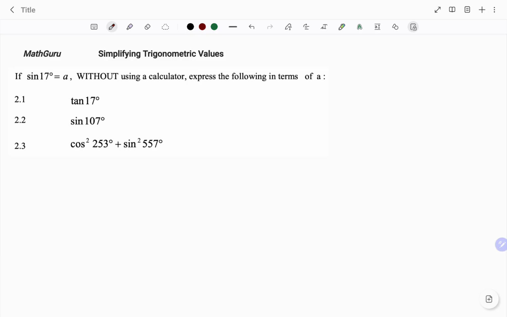17 degrees is an acute angle, so that falls in the first quadrant. I'm going to draw that quickly here. So this will be my angle, 17 degrees, with the y-axis and x-axis. If I interpret what is written, sine 17 degrees is equal to A. A is a whole number, so that's over 1.